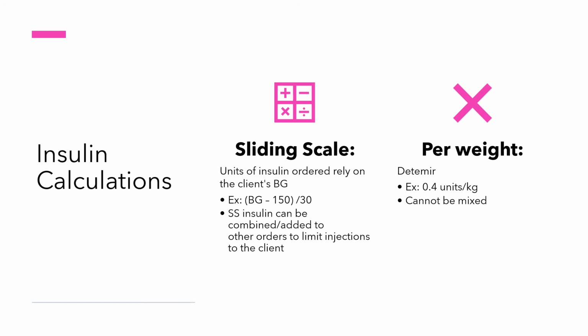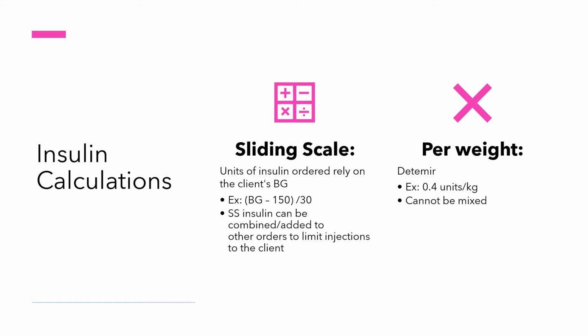If their blood sugar was taken within the last 15 to 30 minutes, that's the max time frame from blood sugar to insulin, because you want to make sure it is very accurate and correct when you are trying to correct their blood sugar. So say their blood sugar was 210. You subtract 150 and you get 60. 60 divided by 30 is 2.